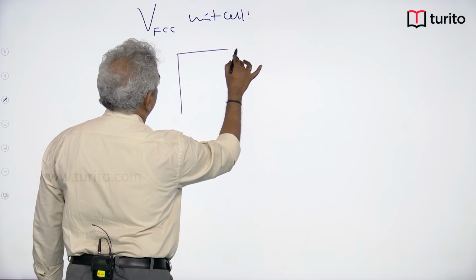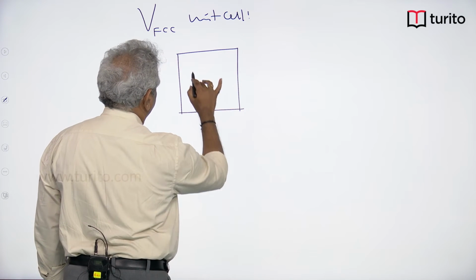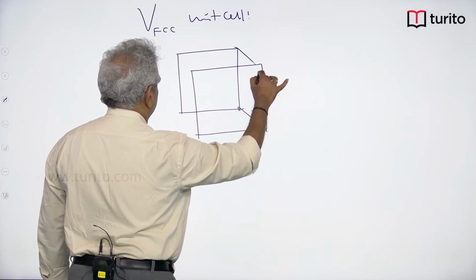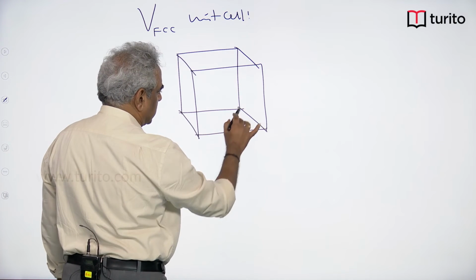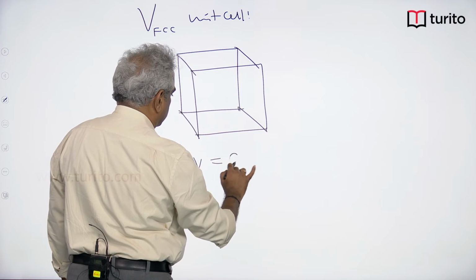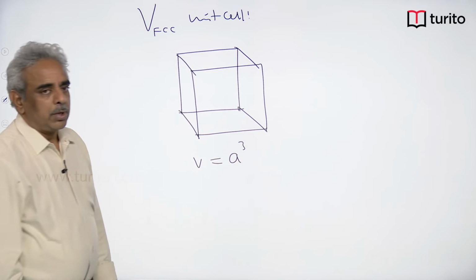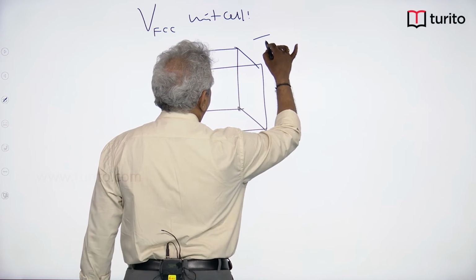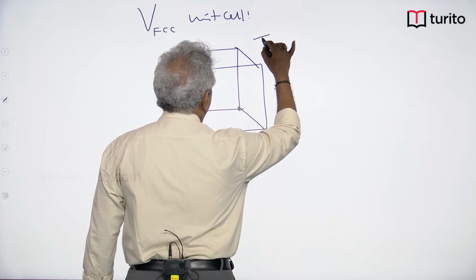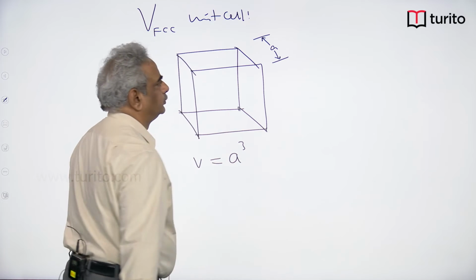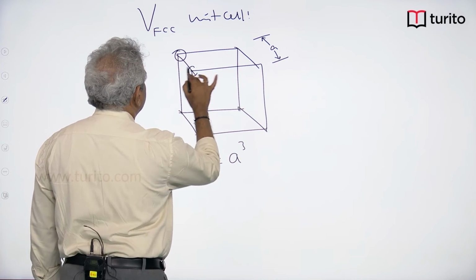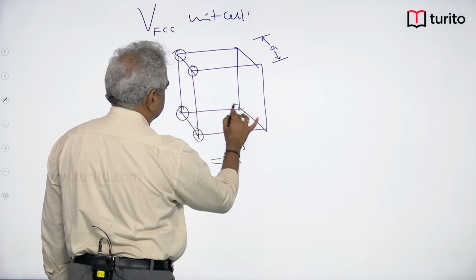As you know, an FCC unit cell is a cube, so volume is equal to a cube. But what is a? The edge length. Now, how is a related to the radius of the spheres?